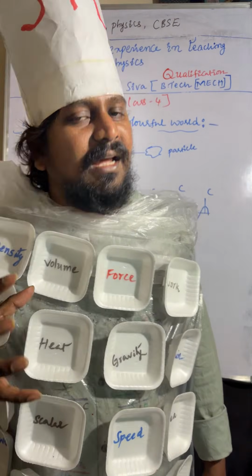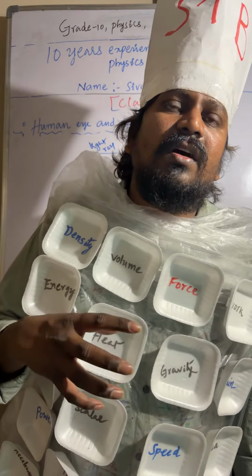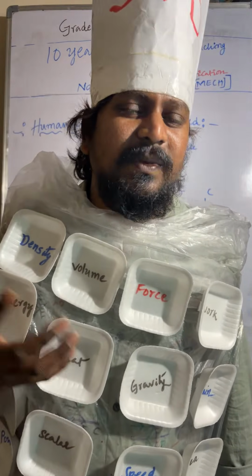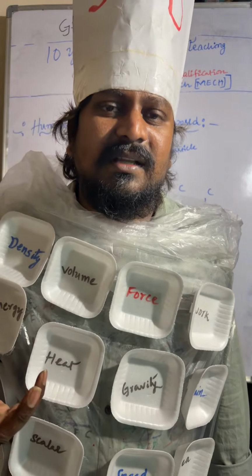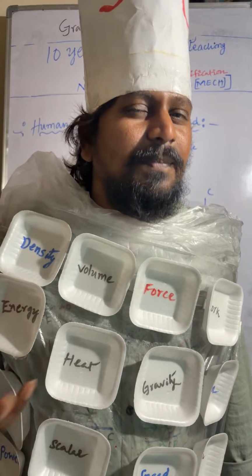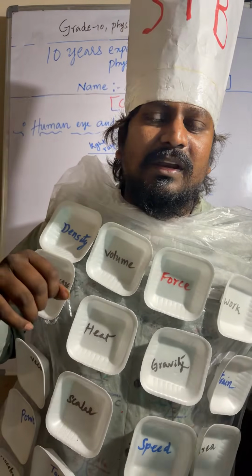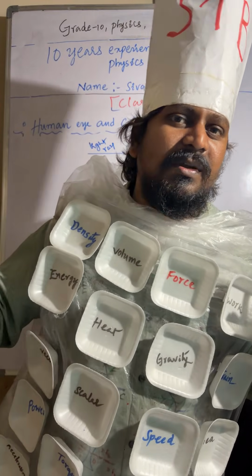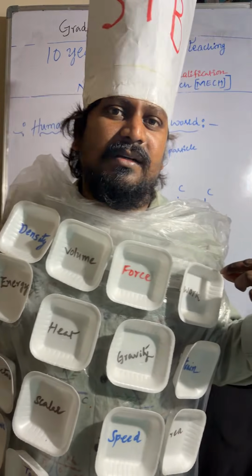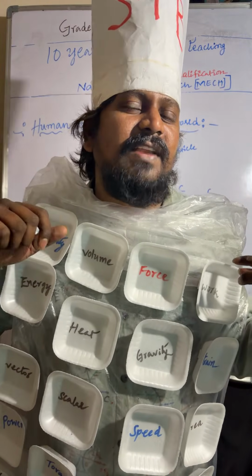And coming to the Tyndall effect. The phenomenon of scattering of light by colloidal particles is known as the Tyndall effect. You can see early in the morning, if you open the windows, a parallel beam of light falls on the ground, and you can see the dust particles flying over there.